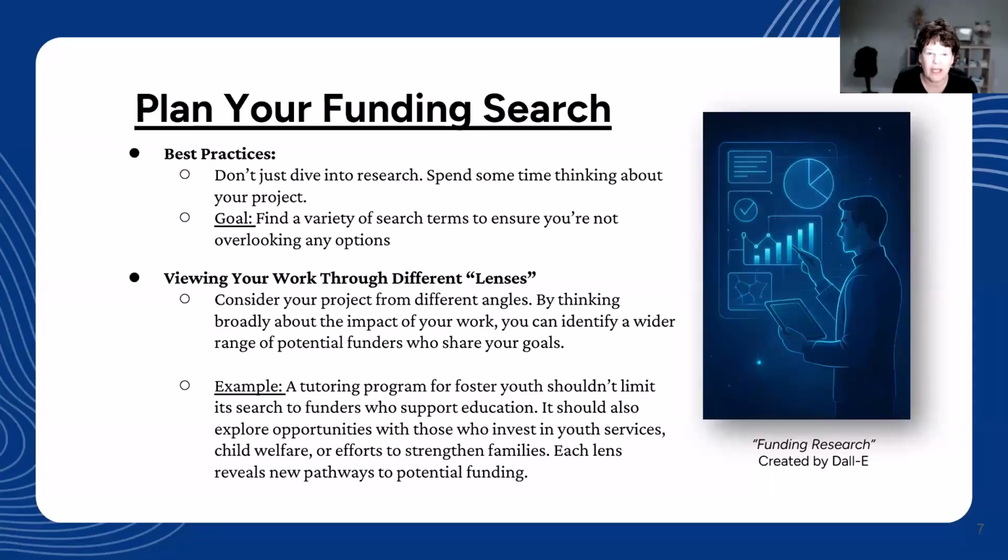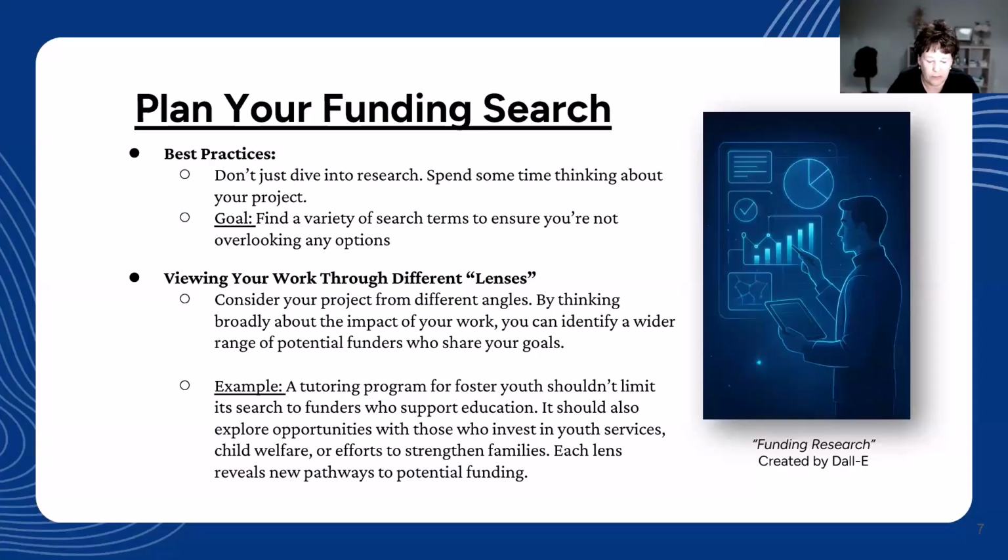And as we look at our projects through different lenses, then we see new pathways to funding opportunities, new funders who like to fund, let's say, a target population versus a funder who likes to fund a geographic area. So there's lots of different ways to look.